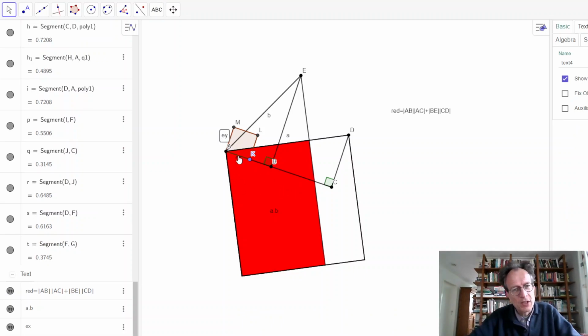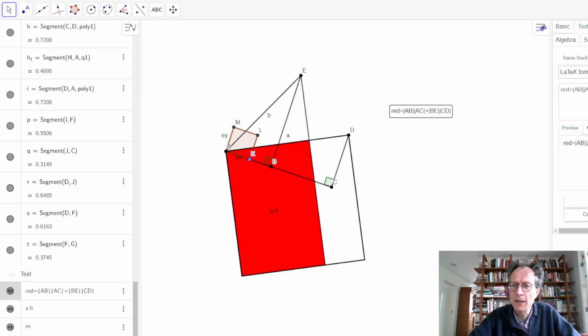In that coordinate system, the point D, the endpoint of the vector A, has the coordinates AC and CD. That's very easy to see. AC is along the X direction, and CD is along the Y direction. So the coordinates of A in that system are AC as the X coordinate and CD as the Y coordinate.